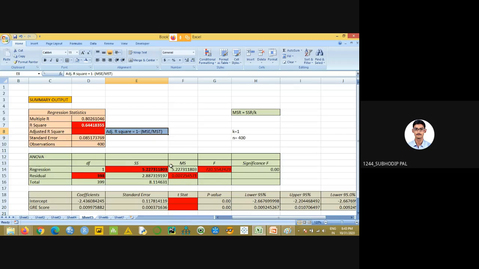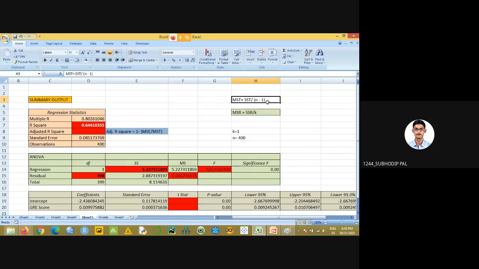Now we have to calculate the adjusted R square. So we require MST. How do we calculate MST? Let me use another formula. We can easily calculate it by summing up this. Another formula for MST is SST divided by n minus 1.